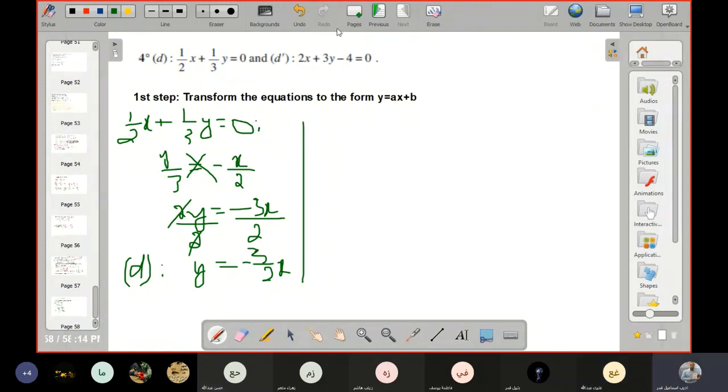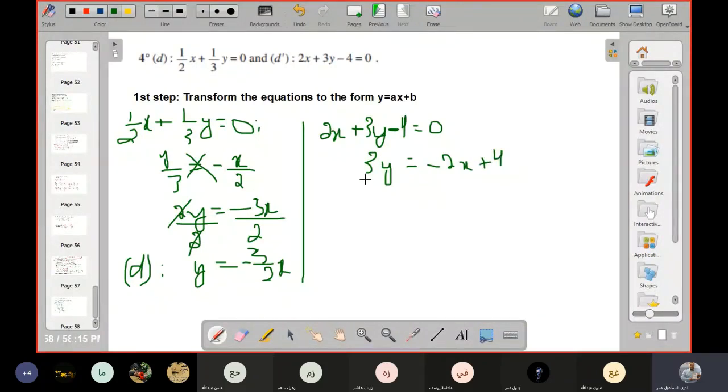Okay. Line D prime is 2x plus 3y minus 4 equal to 0. We keep the term with y on the left hand side. We get 3y equal minus 2x plus 4.